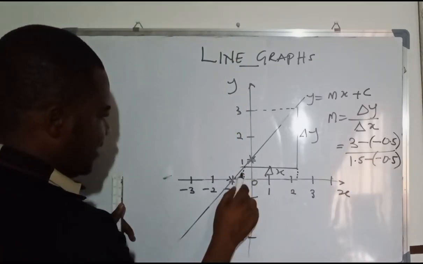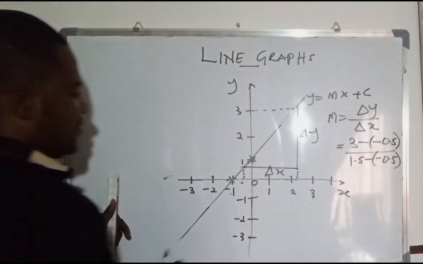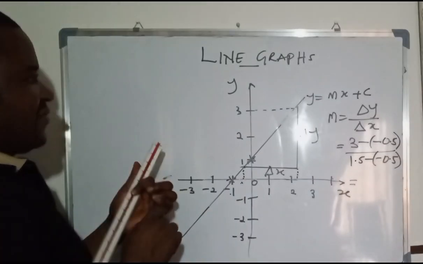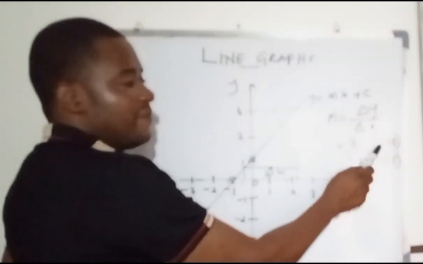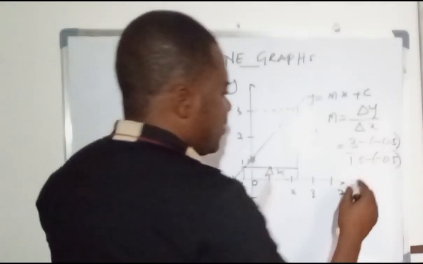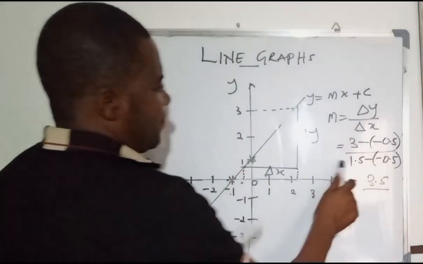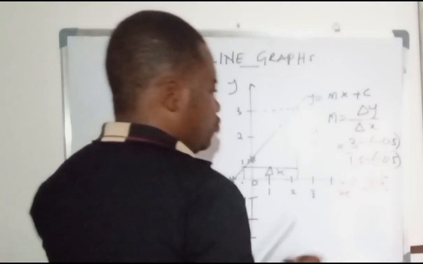Now, this is because even at this point it falls at 0.5 for both the y and the x. So we can say 3 minus 0.5. Of course, minus is plus. So 3 plus 0.5 will give us 3.5. So we have 3.5 all over 1 plus 1.5, minus is plus, so we have 2.